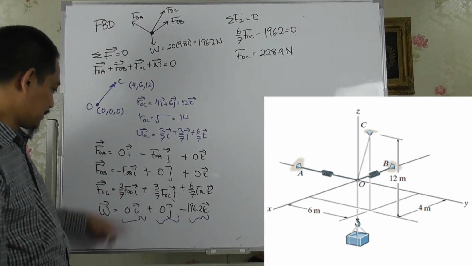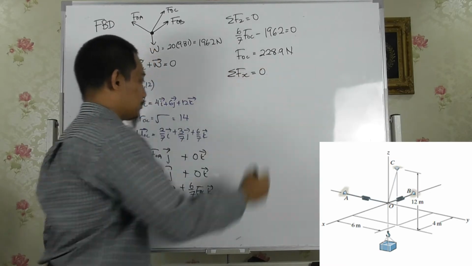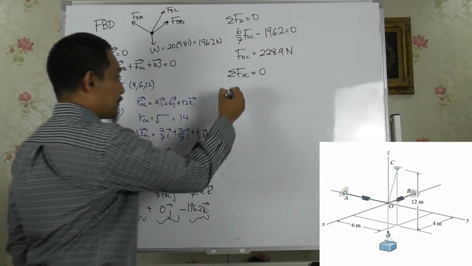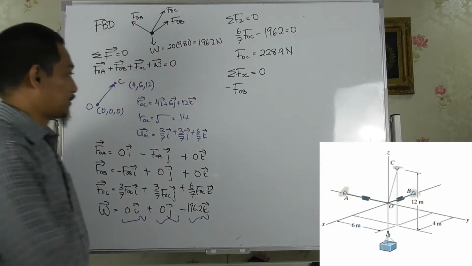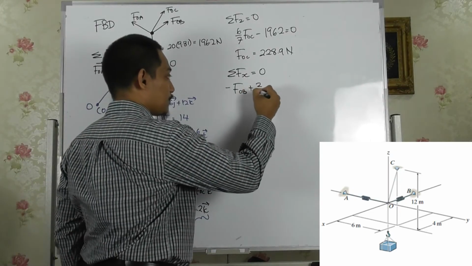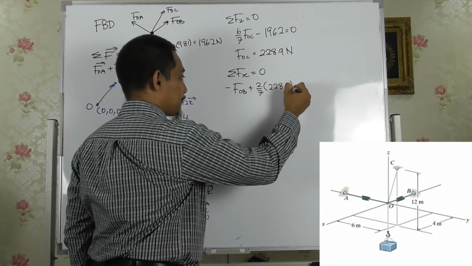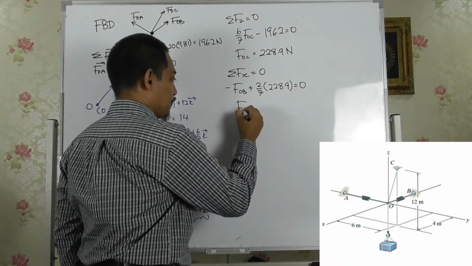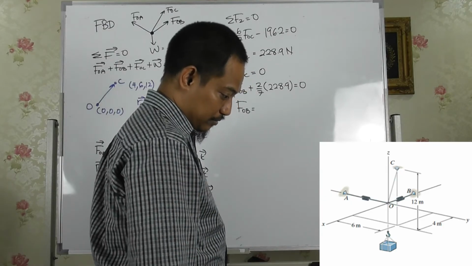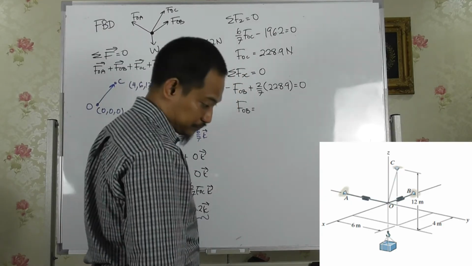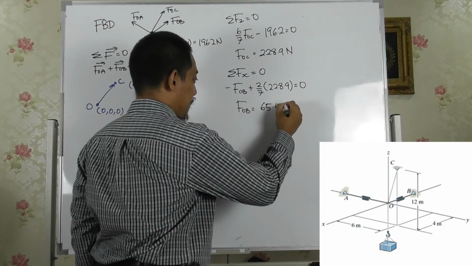So we can do, for example, summation of Fx equal to 0. So minus FOB plus 2 over 7 with this value, 228.9, should equal to 0. So FOB you can calculate to be 65.4 Newton.